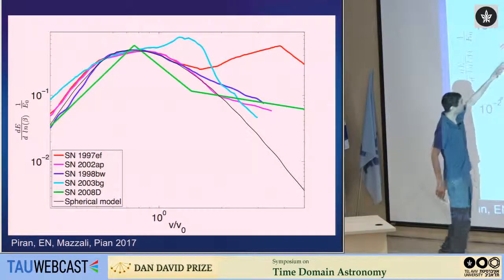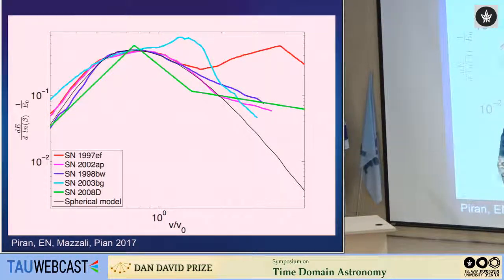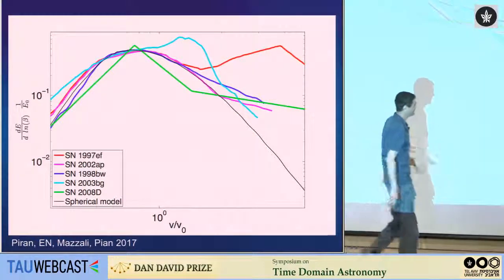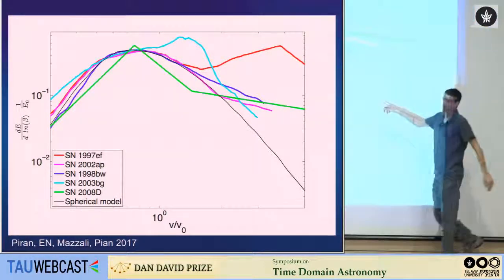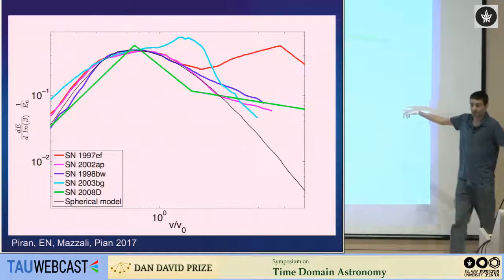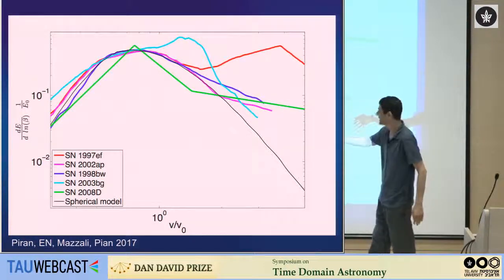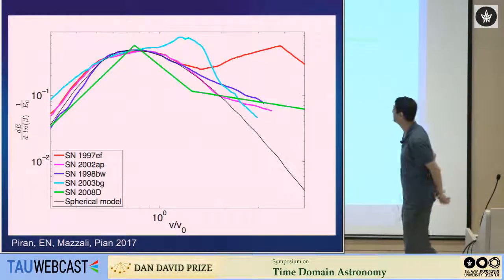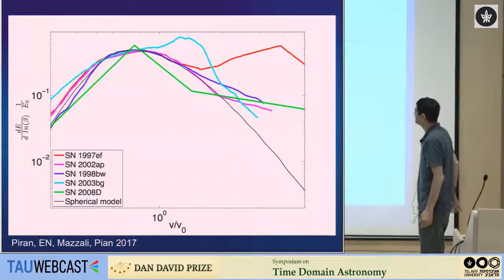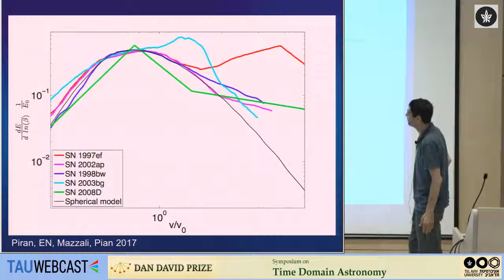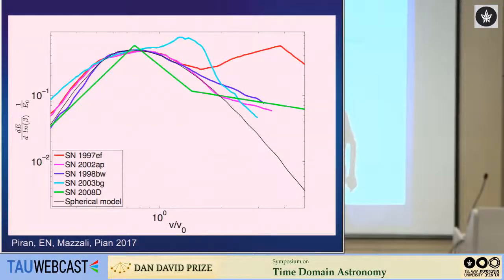And when you plot it as an energy distribution, this is how it looks. The black line is the expectation from a spherical explosion. You see that in all these supernovae, and there are various types of supernovae here. In the next slide, I will show you which. You see something here is strange. Most noticeable is this first one, 97EF.